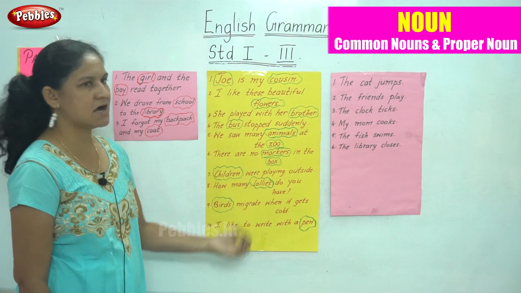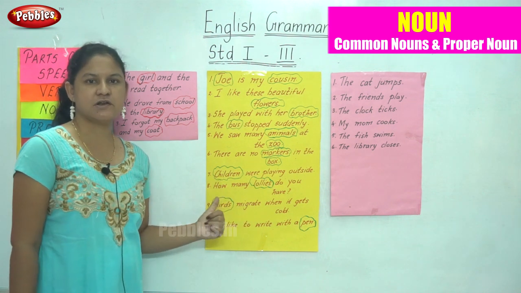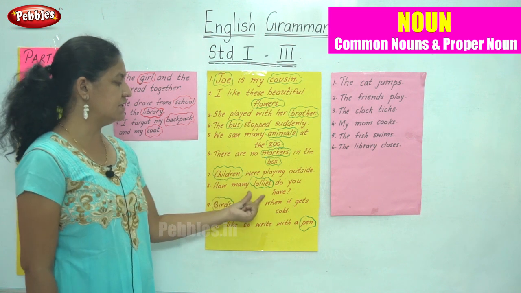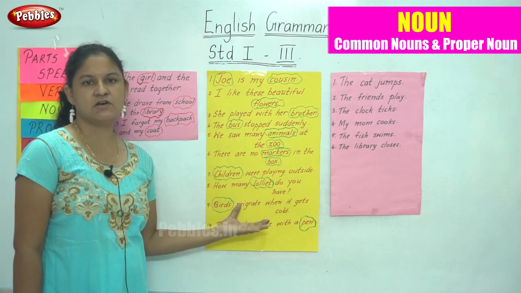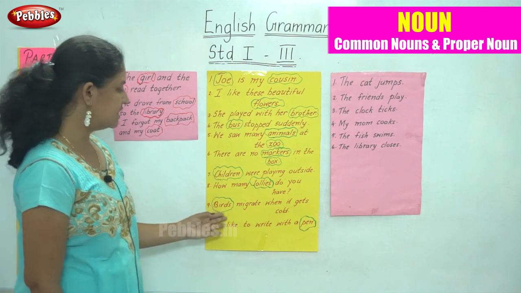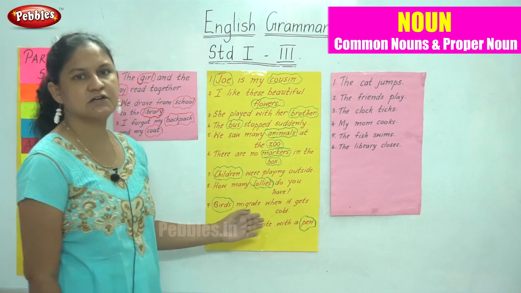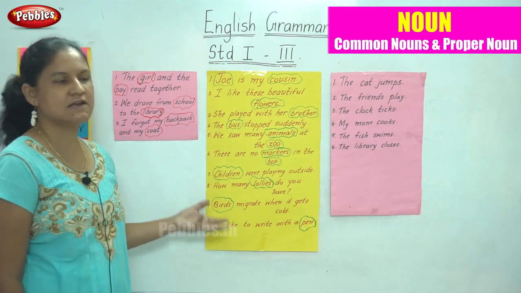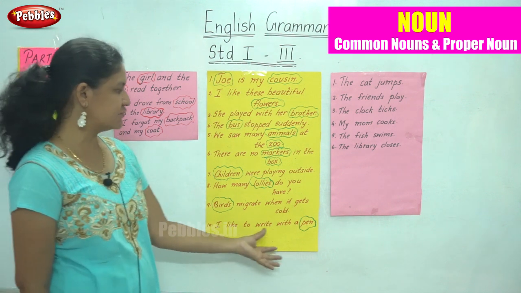Children were playing outside. Again, children becomes the noun in the sentence. How many lollies do you have? So lollies again is the noun. Birds migrate when it gets cold. So birds are names of animals and it's a noun. I like to write with a pen.